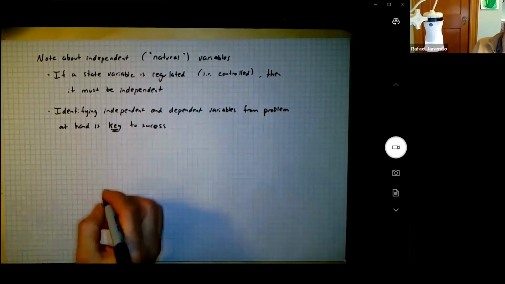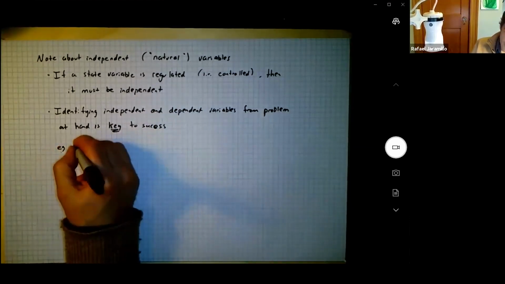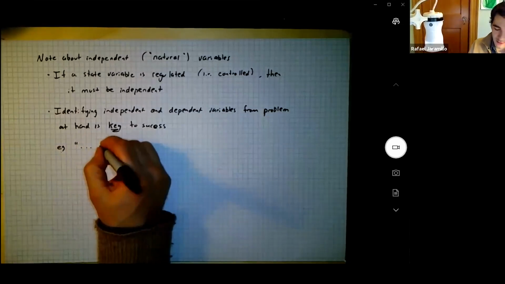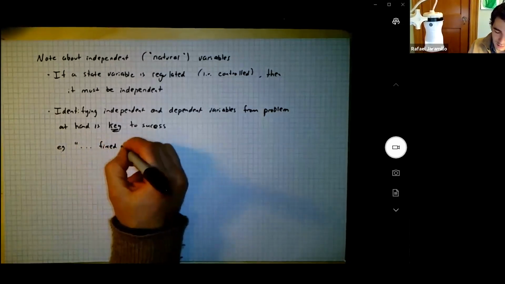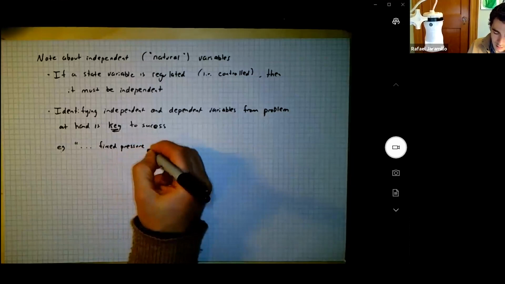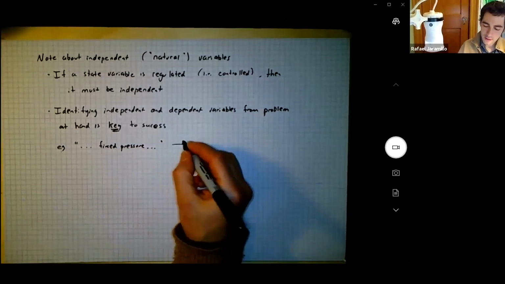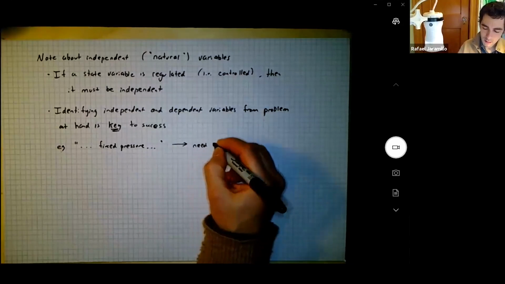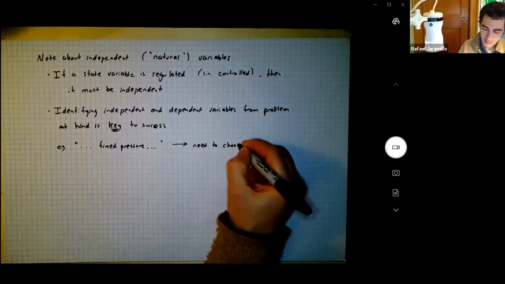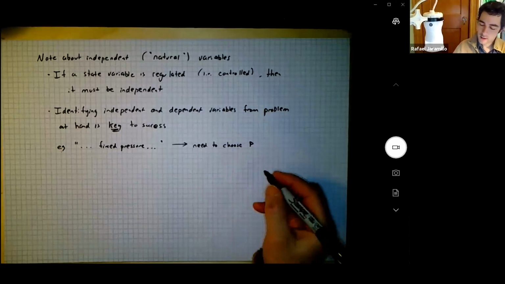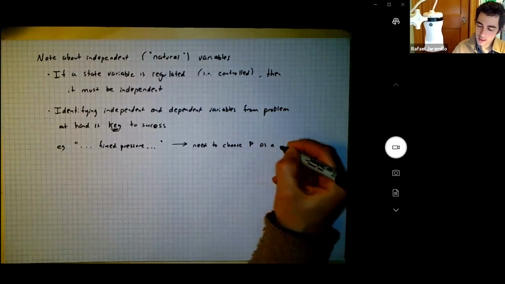So for example, if the problem statement says something about fixed pressure, then you need to choose pressure as an independent variable.